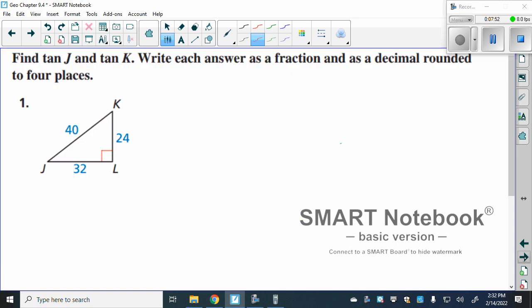Let's look at this last one here. I think one more and we'll be good to move on to the next part. Now, looking at tangent of J, we have the opposite side length over the adjacent. The opposite side length of angle J would be 24, and the adjacent, 32.